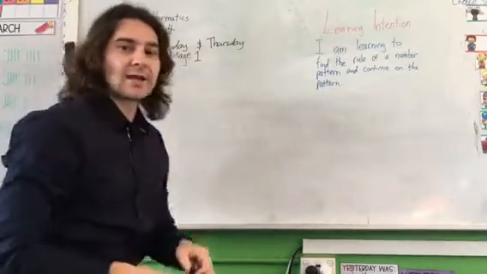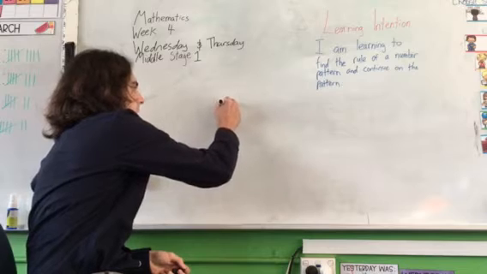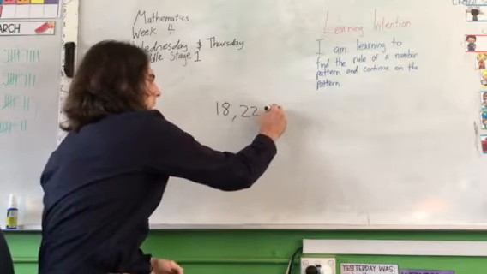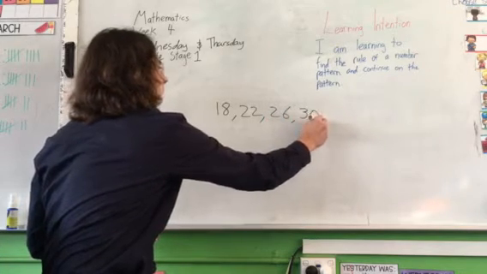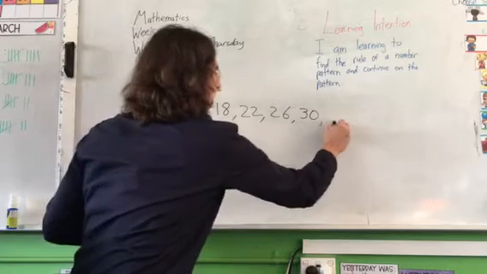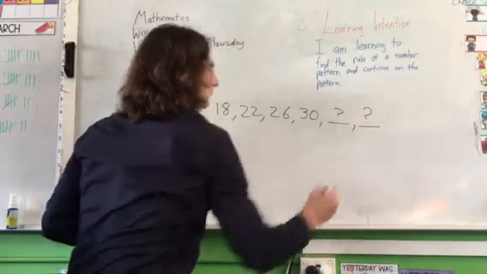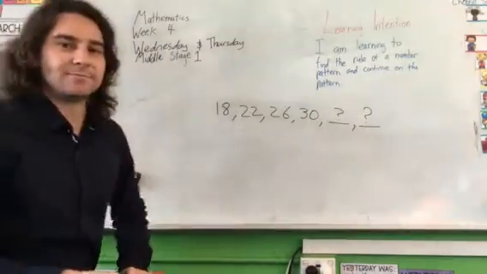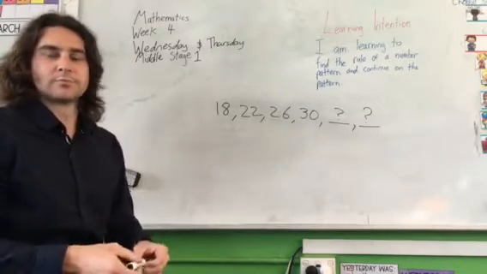If I look at my number line, it starts at 18. My next number is 22.